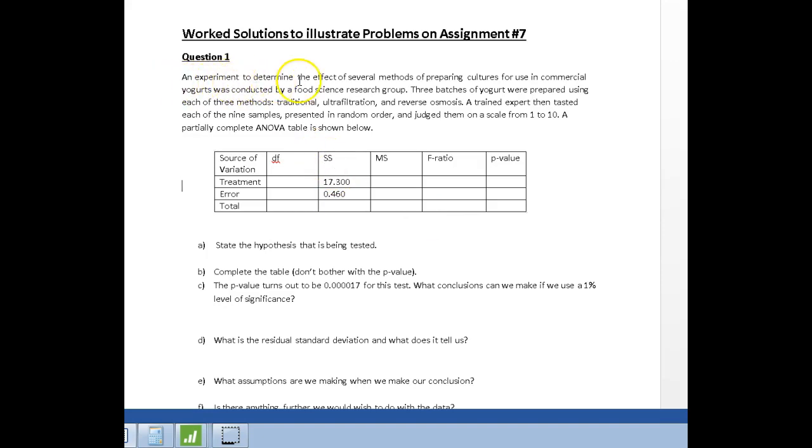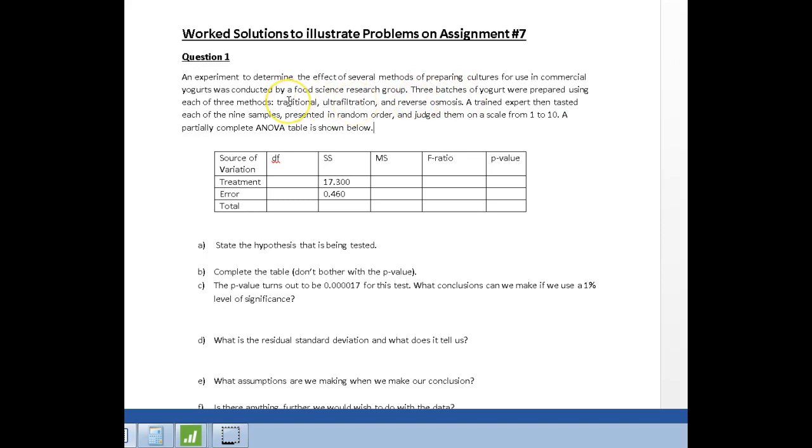We have an experiment to determine the effect of several methods of preparing cultures for use in commercial yogurts. Alright, you're making commercial yogurt, you're using different cultures to do that. 3 batches of yogurt were prepared using each of 3 methods. Okay, I got 3 methods: traditional, ultrafiltration, and reverse osmosis.